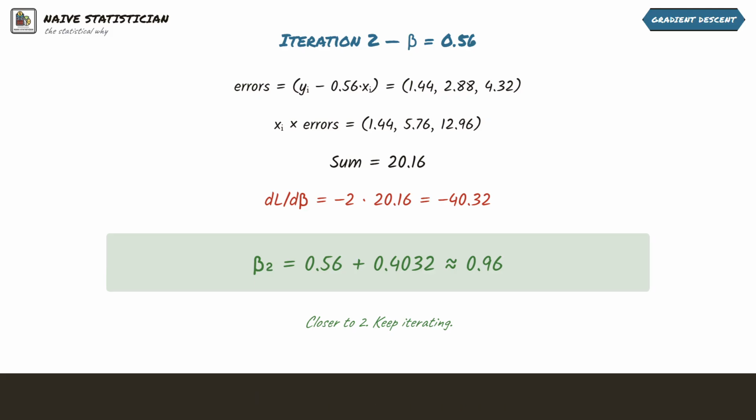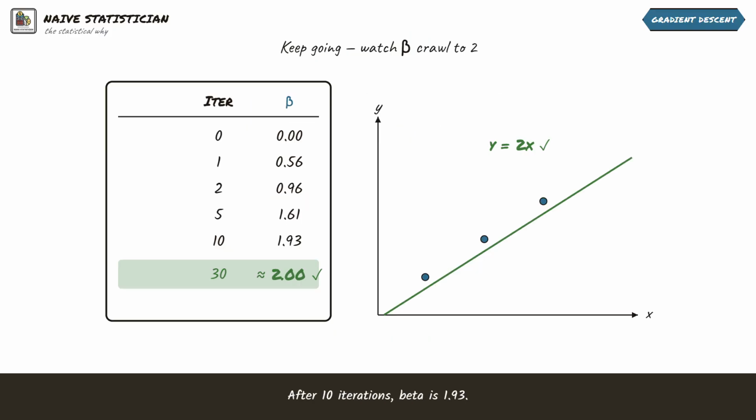Multiply each by xi and sum. 1.44 plus 5.76 plus 12.96 equals 20.16. Multiply by minus 2, minus 40.32. Now beta equals 0.56 minus 0.01 times minus 40.32 equals 0.96. Now we are getting closer to 2. Keep iterating. After 10 iterations, beta is 1.93. After 30 iterations, it is essentially 2.